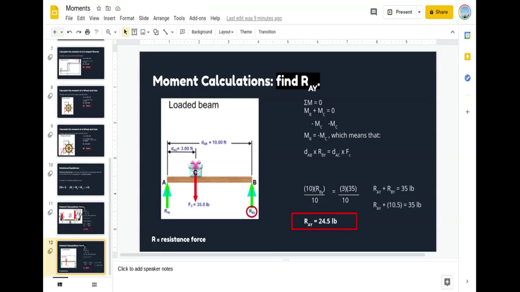We can actually change the equation to moment 1 equals negative moment 2 by subtracting, which means that distance 1 times force 1 equals F2 times distance 2. So we can plug in our values that we see here. We subtracted F2 times D2 and put it back on there.